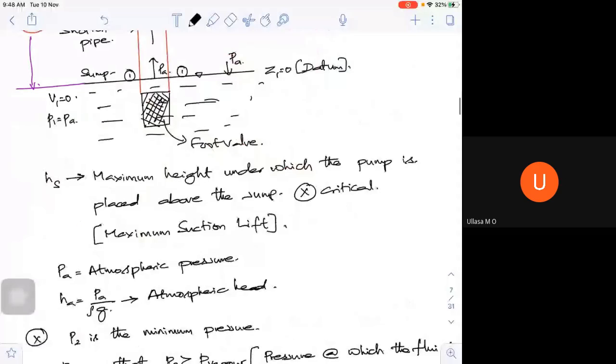MSL is equal to HA minus H2, where H2 should be greater than H vapor. That means MSL is equal to HA minus HV minus V2 square by 2G minus HFS.